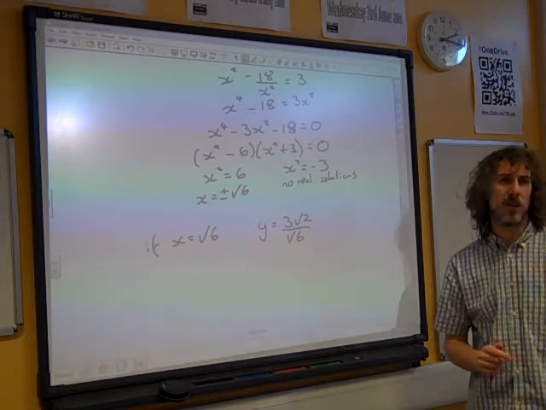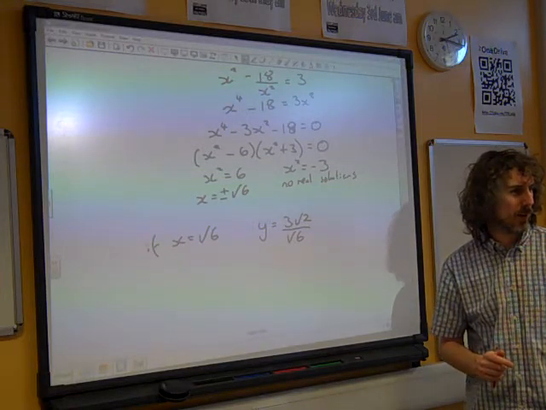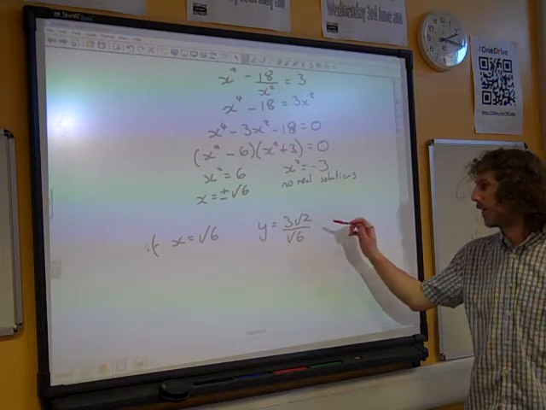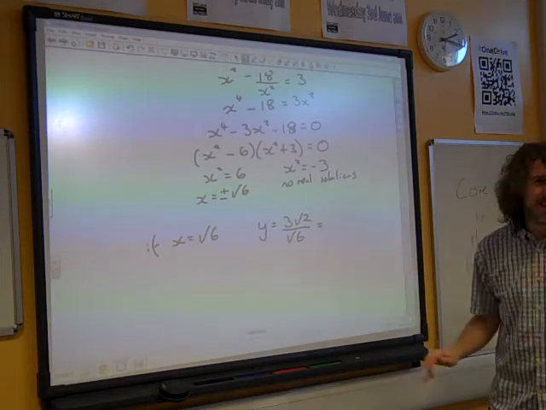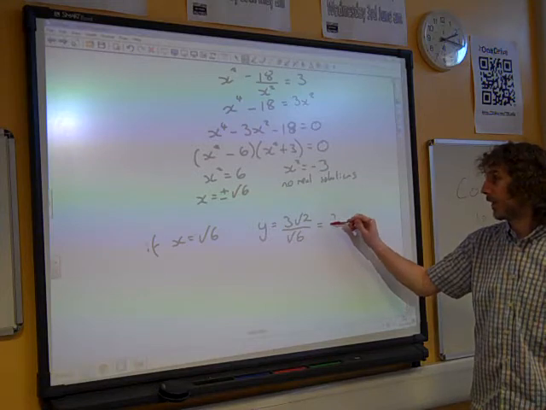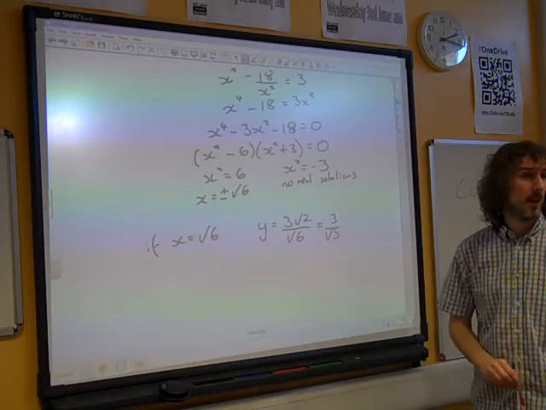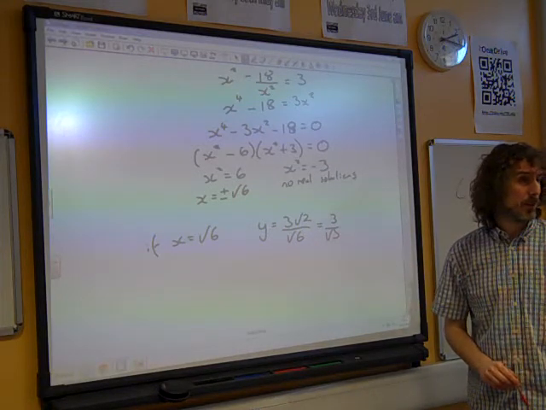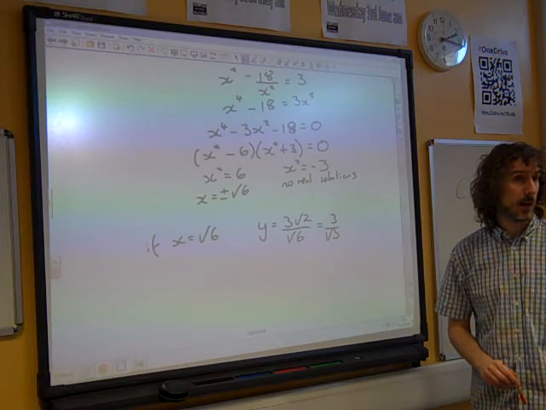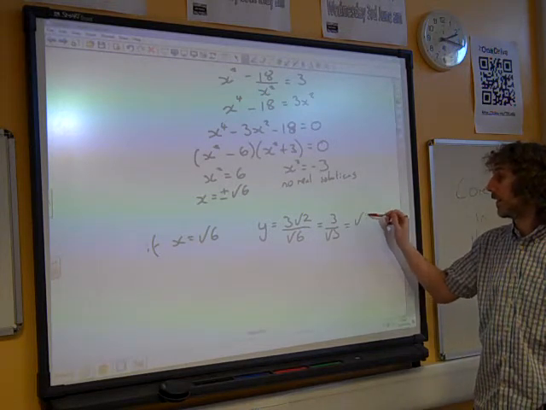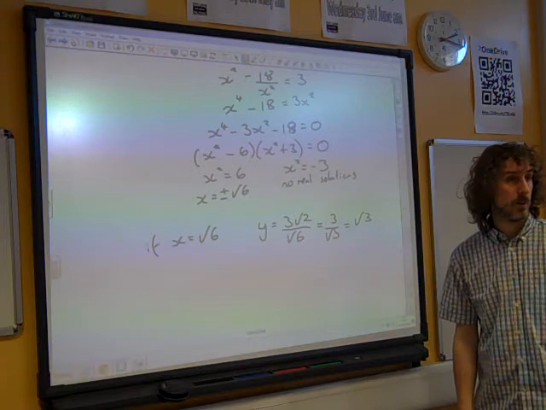You could probably just stick it into your calculator, because you've all got calculators that will deal with that nicely enough. The 2 and the 6 cancel out, so it's 3 over root 3, isn't it? And we ought to know that 3 over root 3, if you rationalise the denominator, is just root 3.